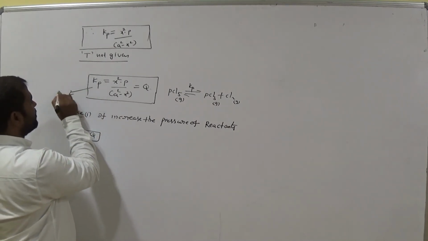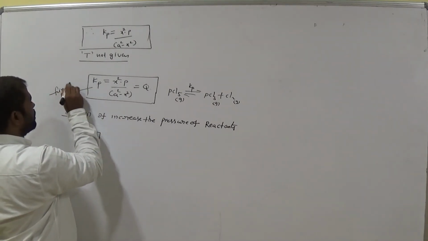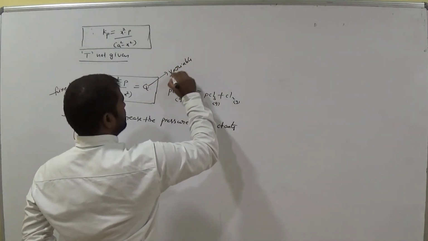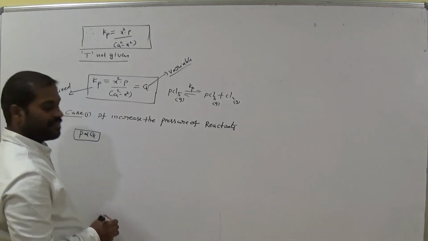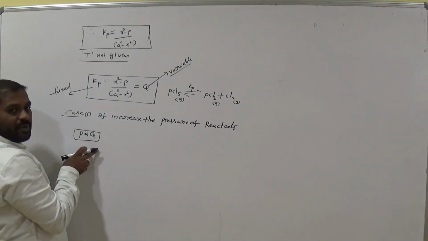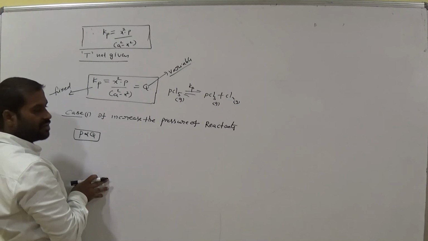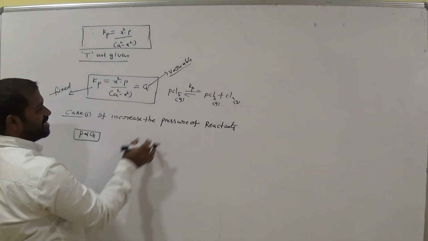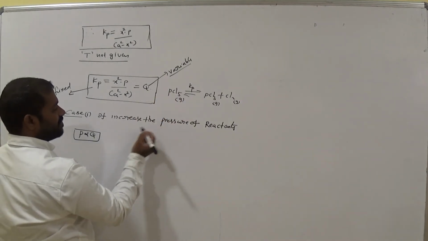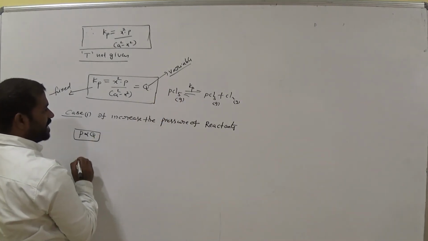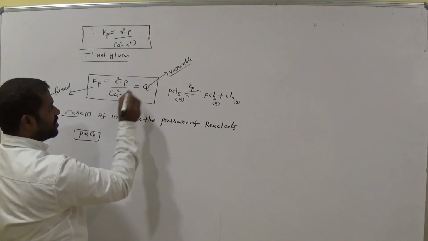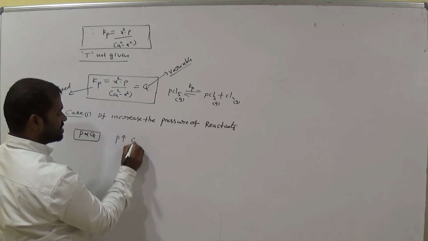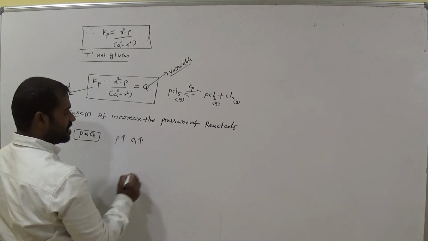Here Kp is a fixed value, remember this, where Q is variable. P is directly proportional to Q. So when the pressure of the reactants increases, Q increases.